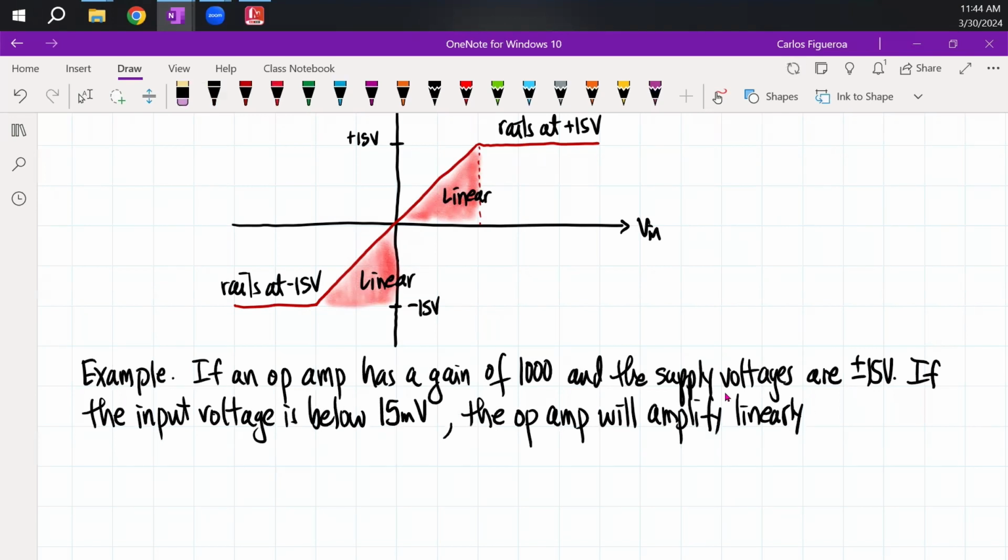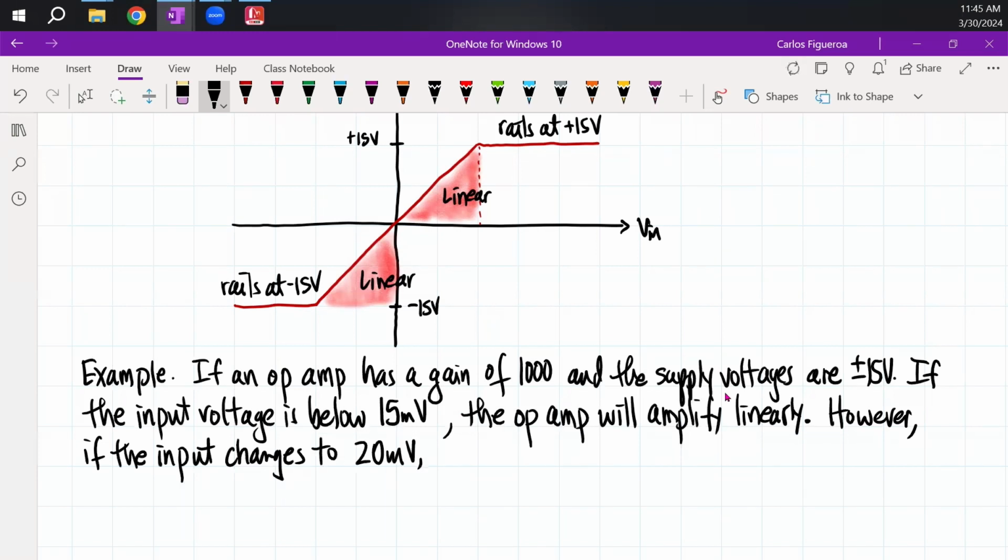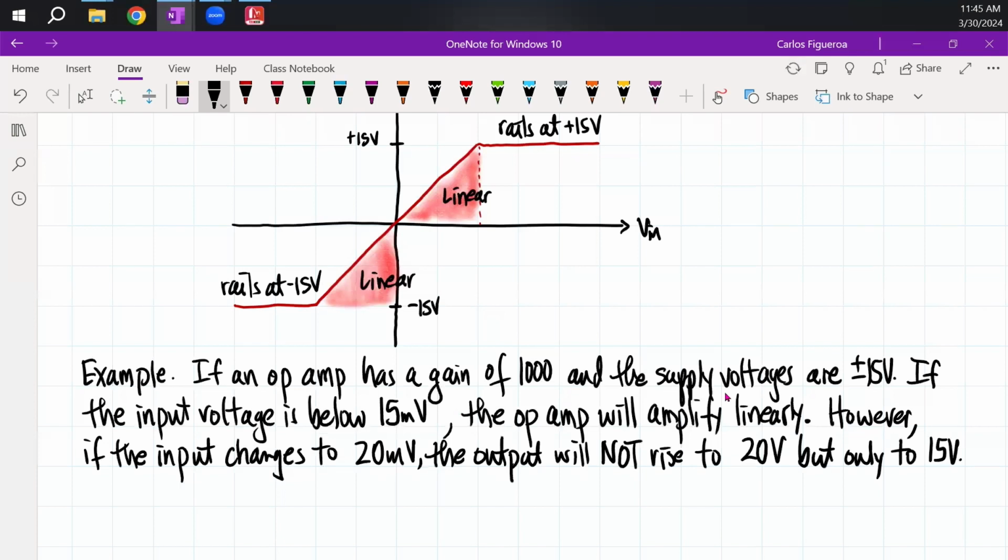However, if the input changes to, let's say, 20 millivolts, the output will not rise to 20 volts, but only to 15 volts.